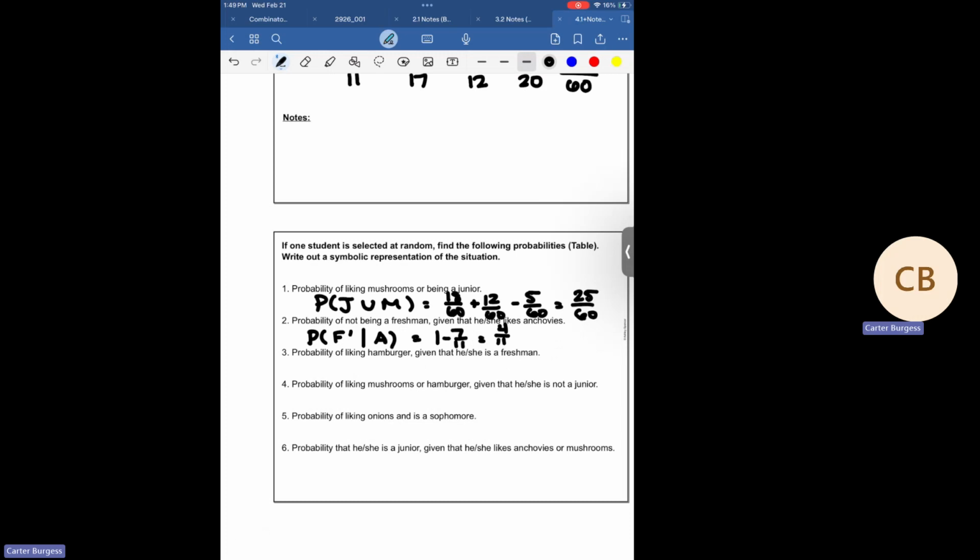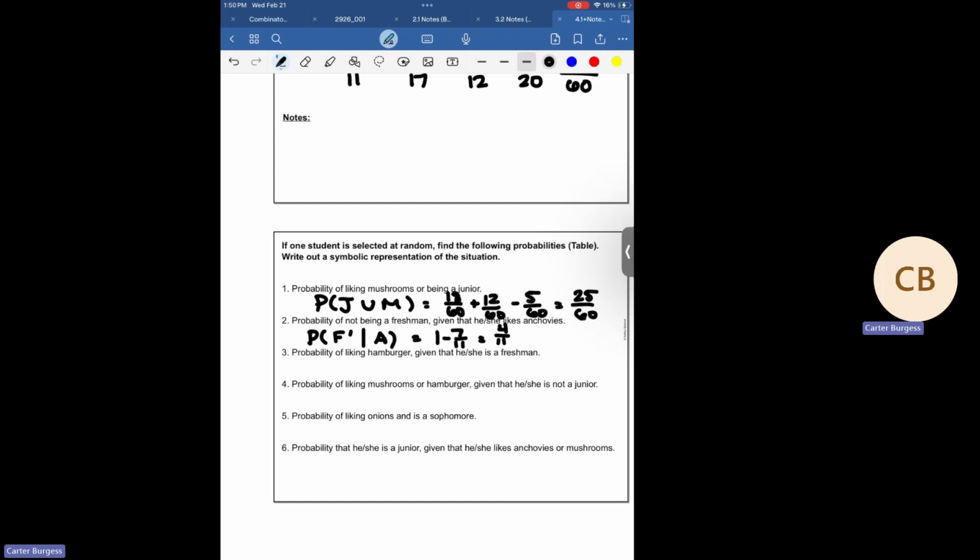Okay, let's take a stab at number 4 and then 5, and then I've got one other thing that I want to look at, but we'll call it from there. So number 4, probability of either liking mushrooms or hamburger, given the fact that the person being chosen is not a junior.